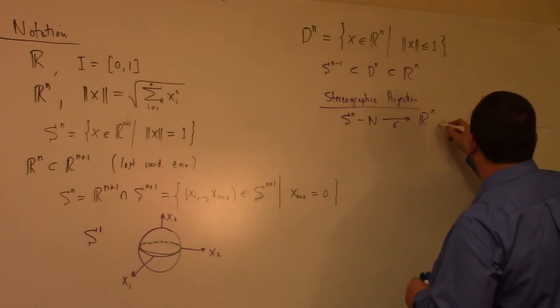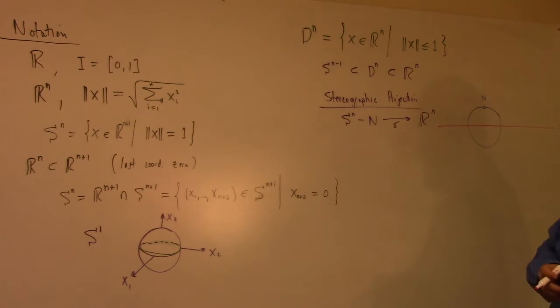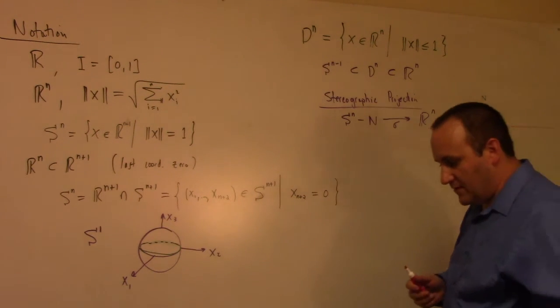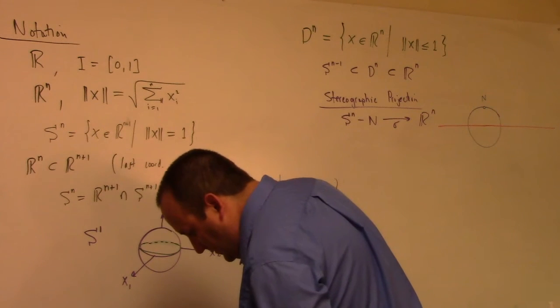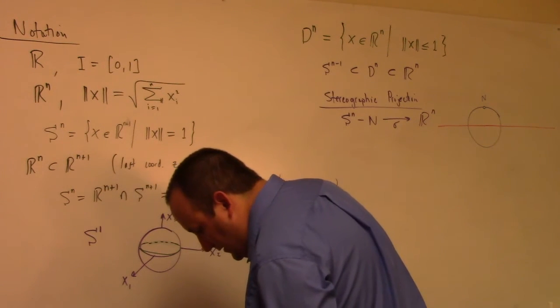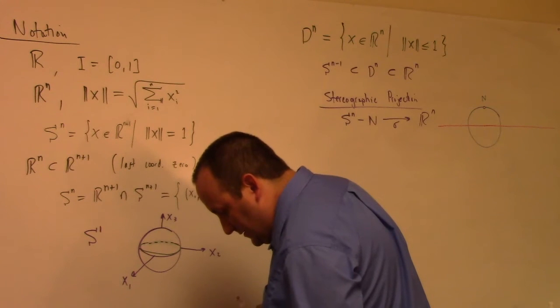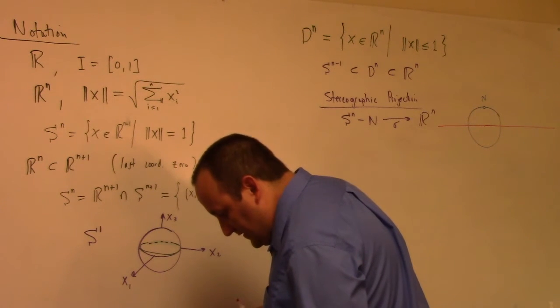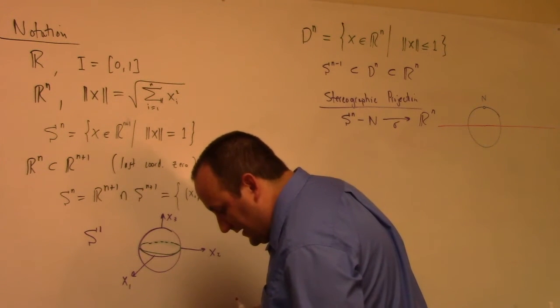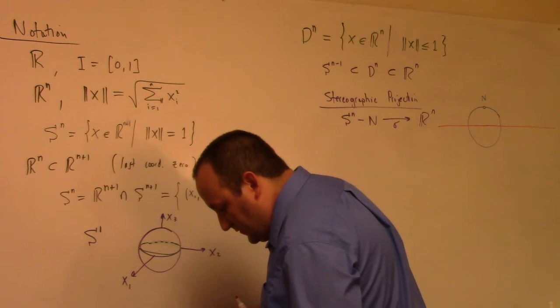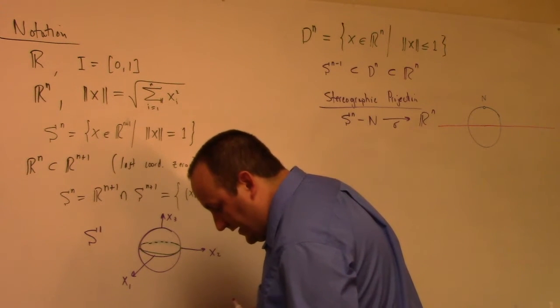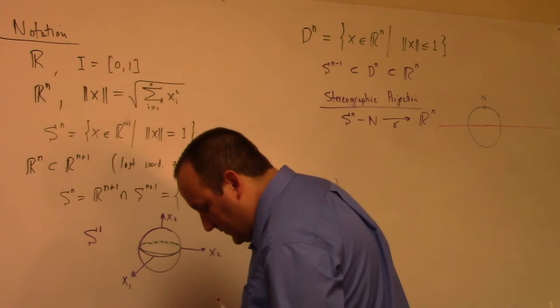All right, so the mapping geometrically is described as follows. He says define sigma to be the intersection of Rn and the line joining x and n.